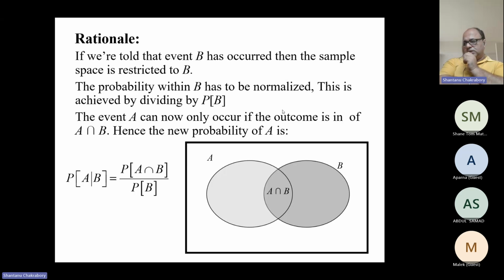When you do a conditional probability, it is something different from the normal probability that you do.